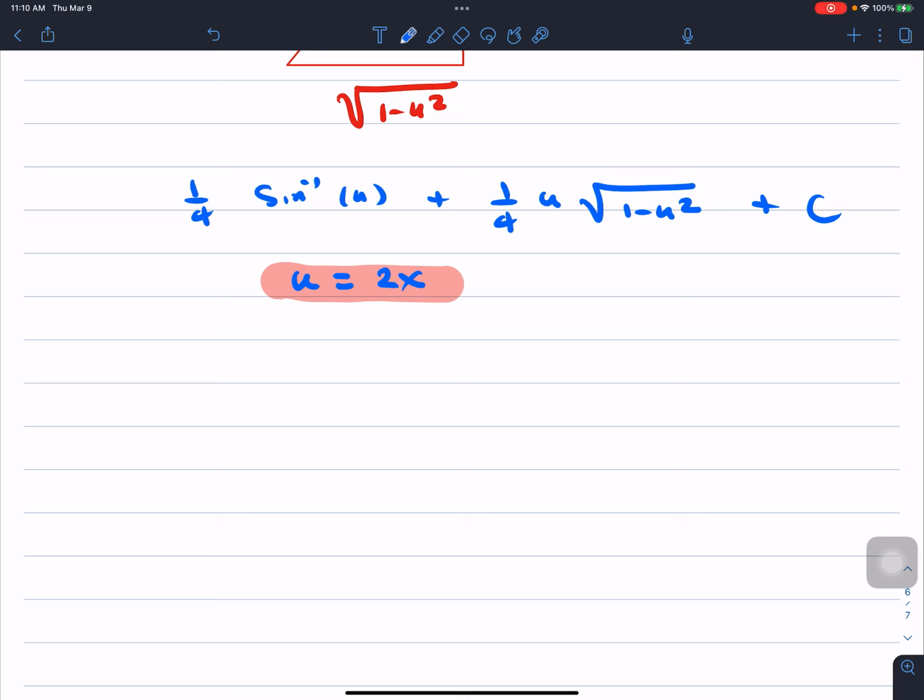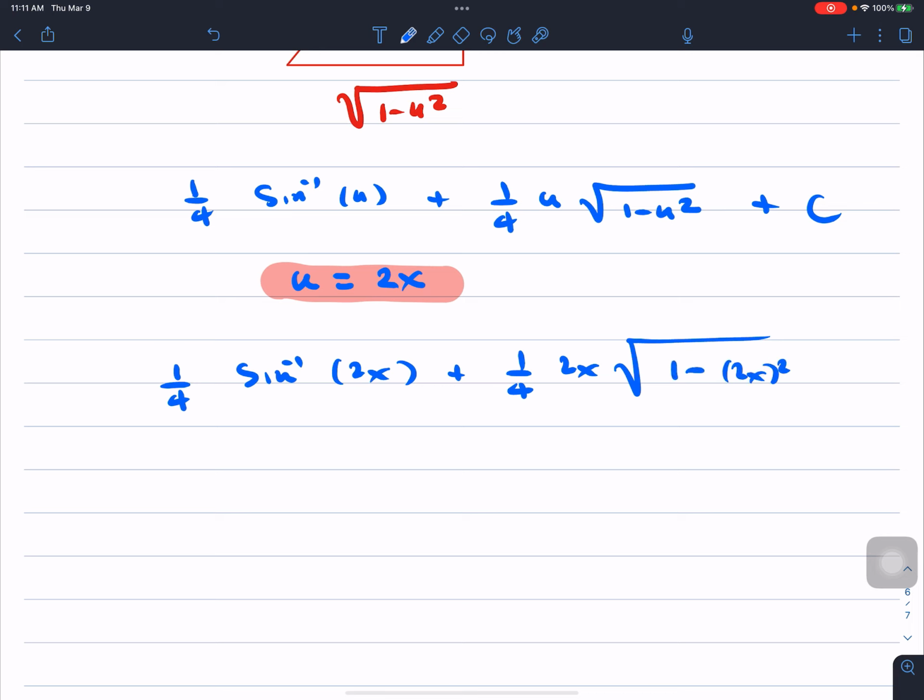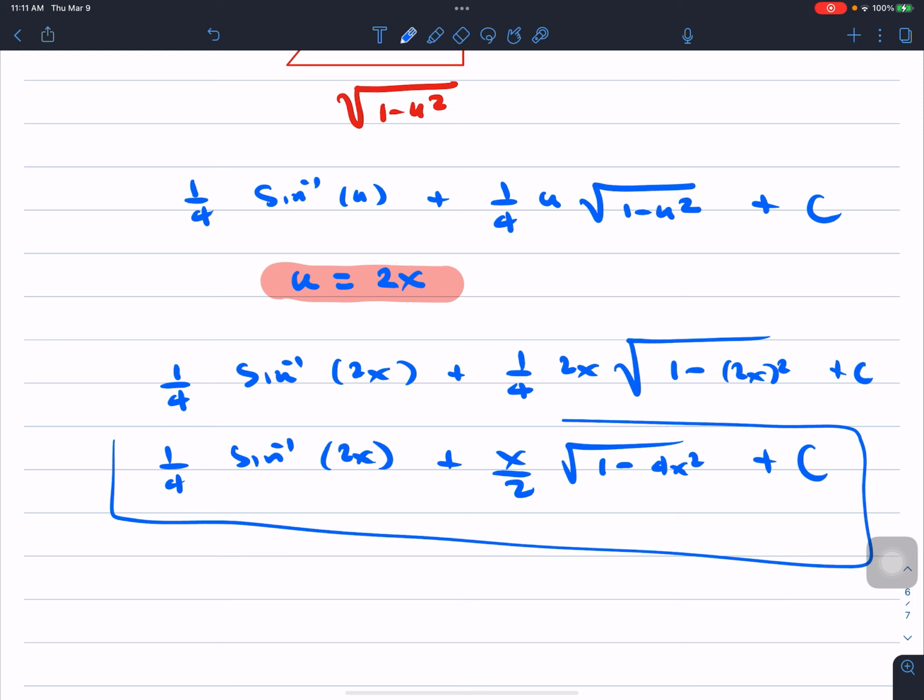Okay. 1/4 inverse sine 2x, plus 1/4 times 2x square root of 1 minus 2x squared, plus c. That's 1/4 inverse sine 2x plus x over 2 square root of 1 minus 4x squared plus c.